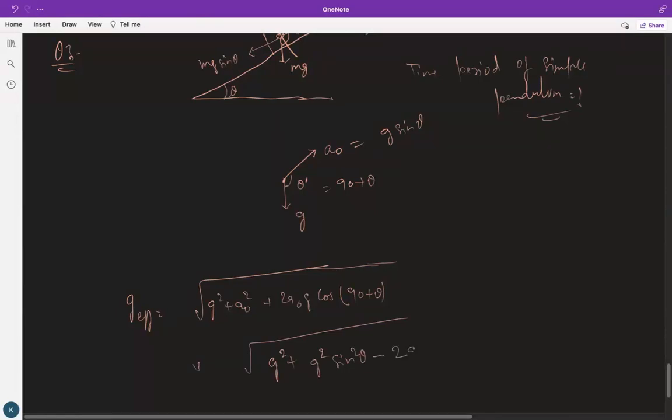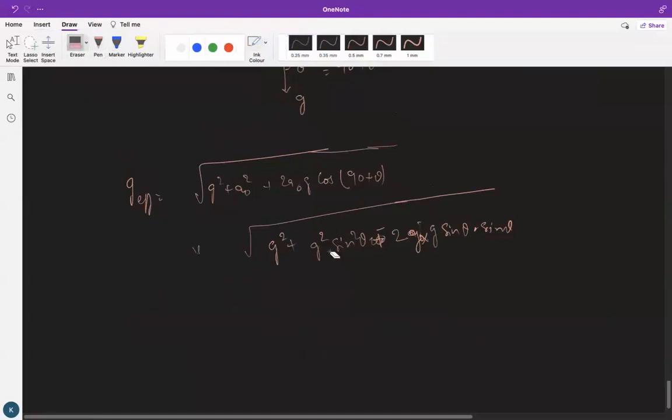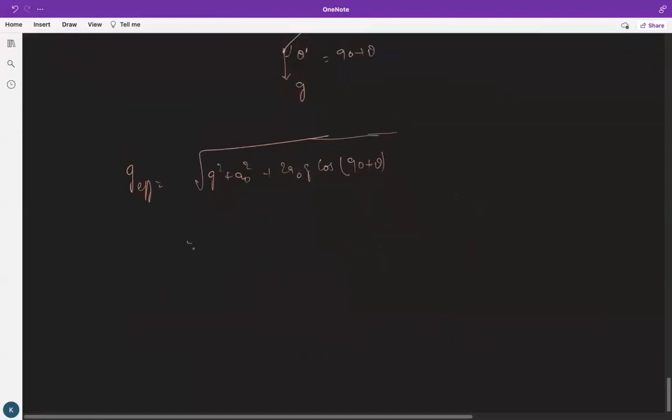And here we will get 2 A naught G, and cos 90 plus theta is minus of sine theta. Let me do a fresh calculation here.